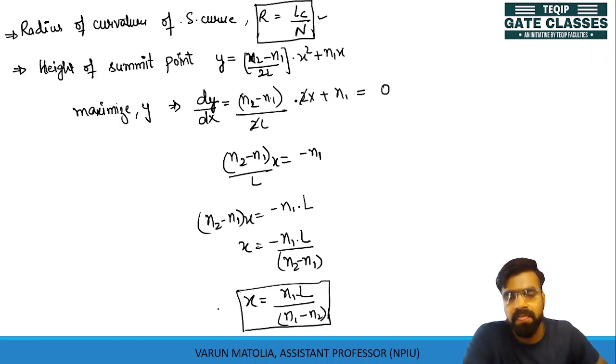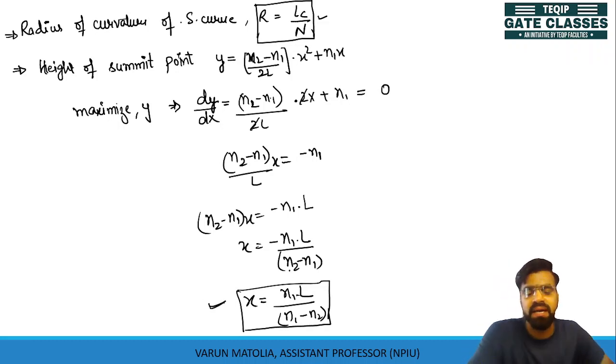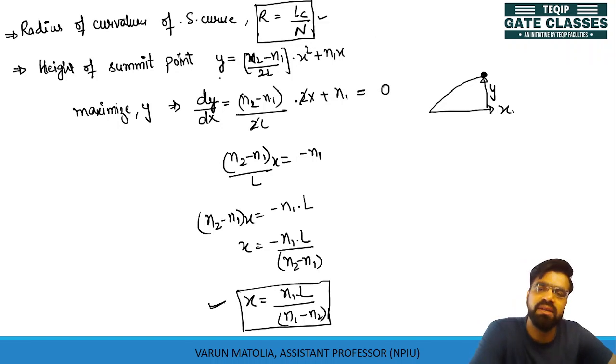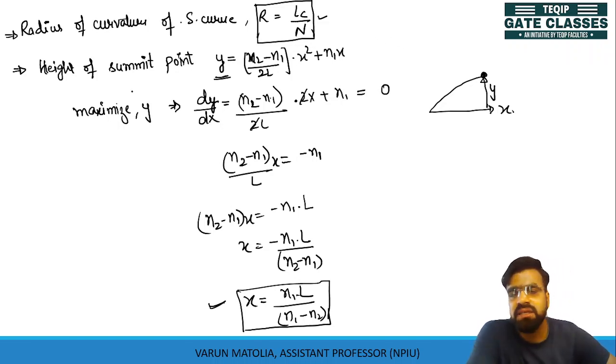So this will give you the distance of the highest point on the summit curve. So there is the distance x. To find the value of y at this x, you can put the x into the equation and find the value of y. So this is how you can calculate various features of this summit curve.